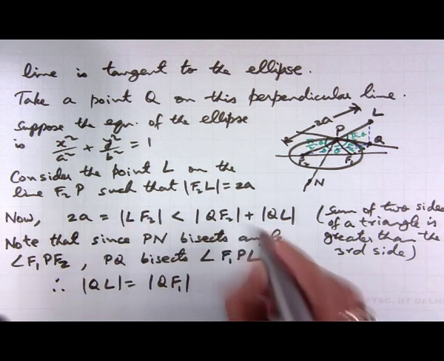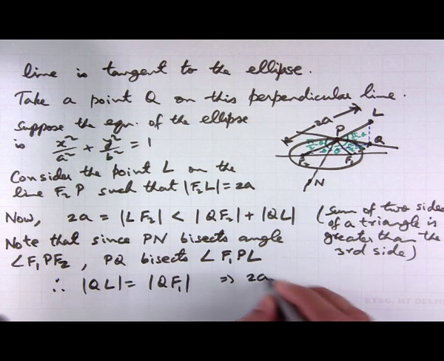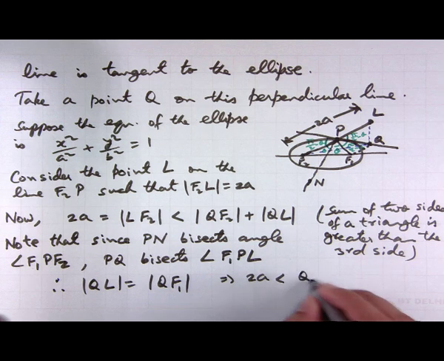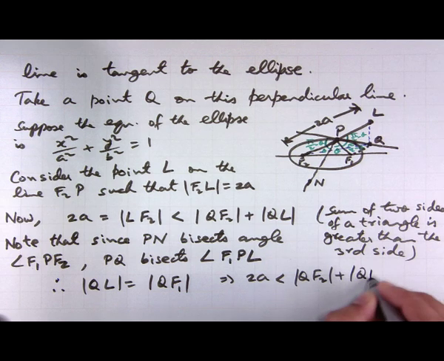So, what does this imply? This implies 2a is strictly less than q F2 plus q F1.